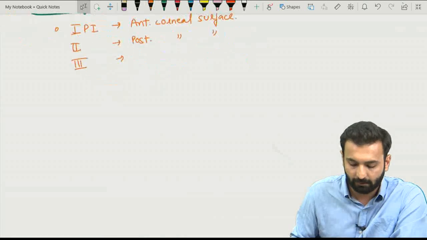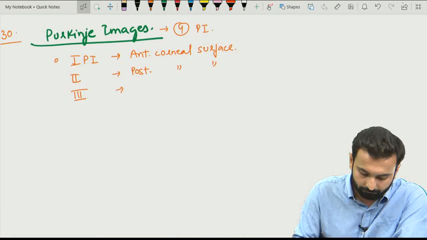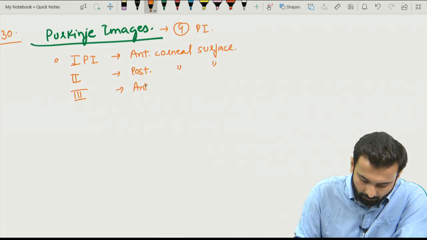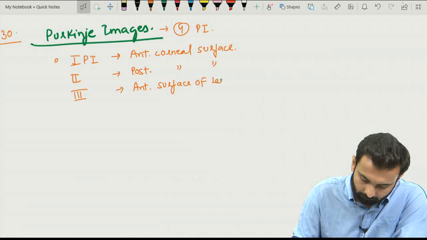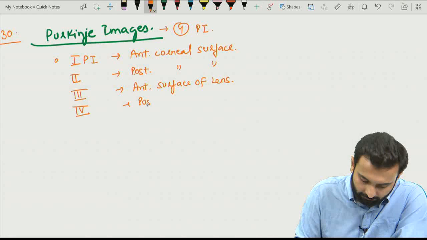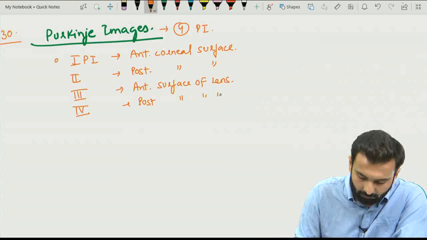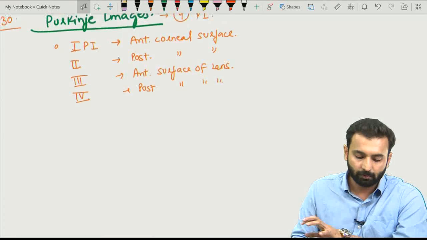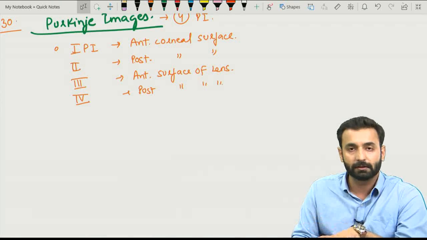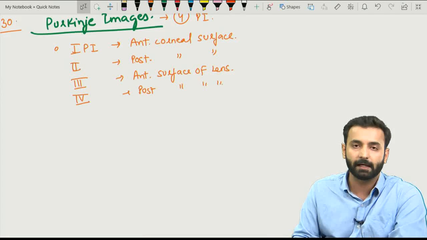Third is seen at the anterior surface of the lens. And the fourth is at the posterior surface of the lens. So there are a total of 4 Purkinje images seen, right? So in this question, they are asking about the immature senile cataract.